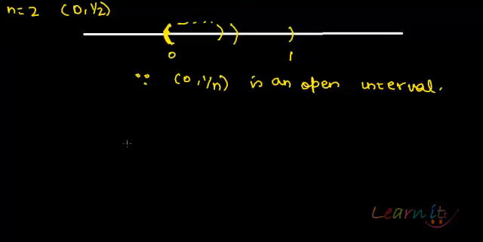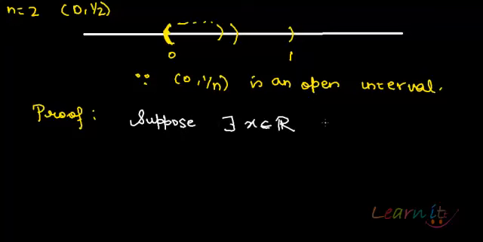Now, let me also prove it. Let's do a formal proof of what we are actually trying to depict. So, for example, let us suppose there does exist some real number x such that x belongs to In for all n greater than or equal to 1.